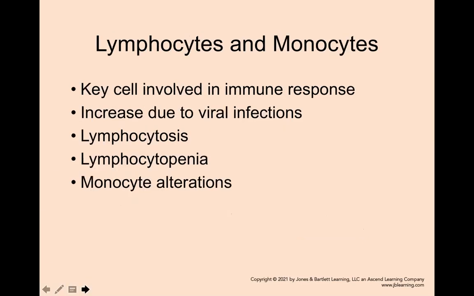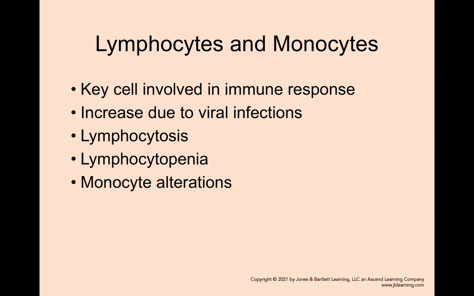As far as lymphocytes and monocytes, lymphocytes are more likely to be elevated when there is a virus. It is again a key cell in the immune response. Lymphocytosis is when the white blood cell count is high, and lymphopenia is when it is low.